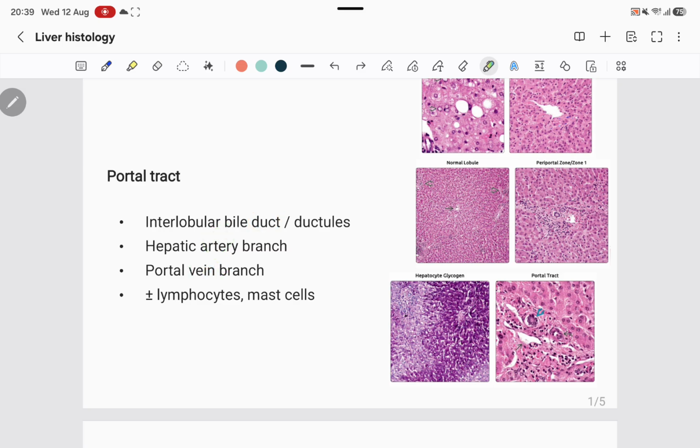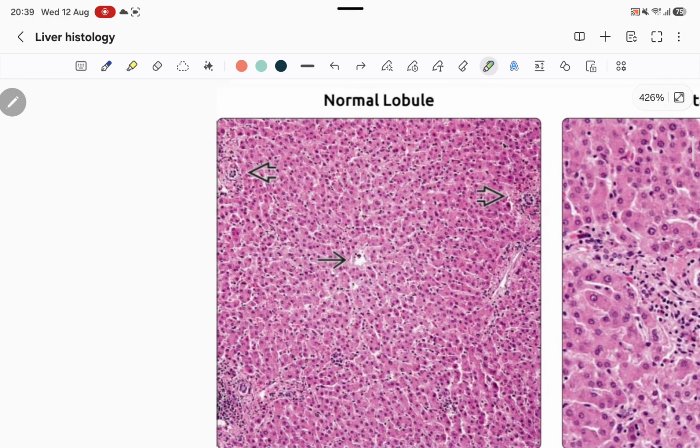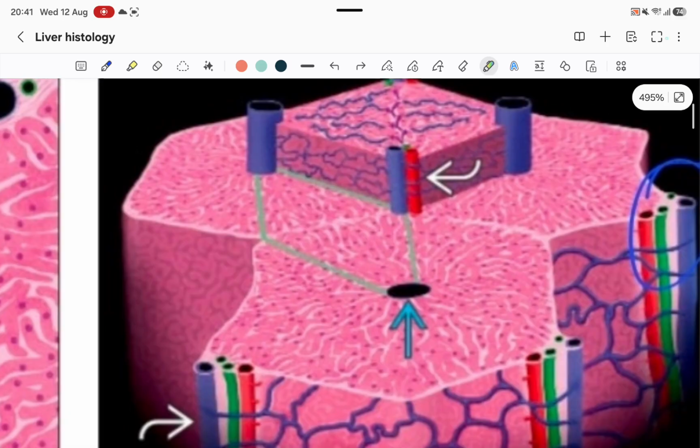Easy. Portal branch vein is what feeds it. I'm wrong about that. What feeds it is this central hepatic vein. So we can look this up.